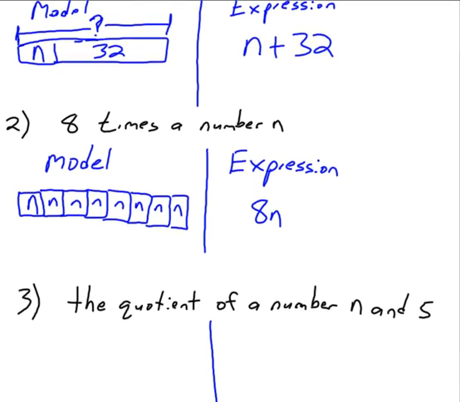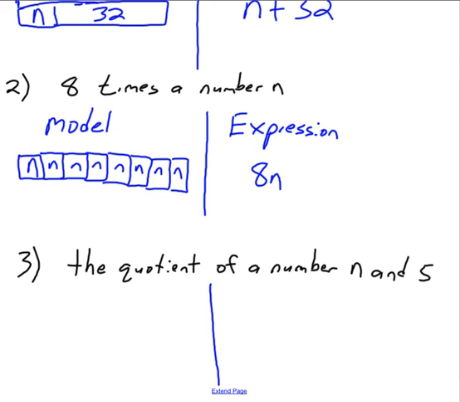And the next example, we have the quotient of a number n and 5. So the word quotient means division. So the quotient of a number n and 5, we can model that by starting with an n. And instead of making it small like I did last time, I'm going to make it bigger. So this whole thing is n.